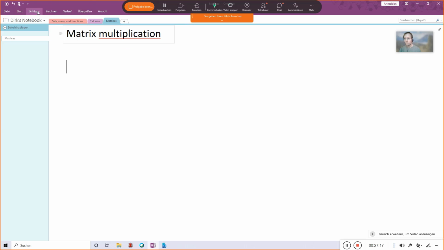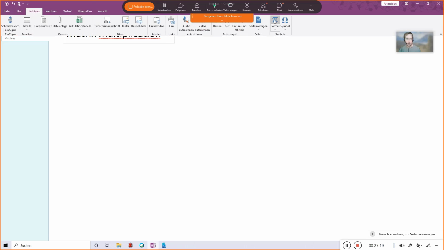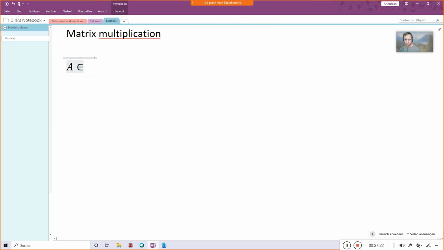So if we have two matrices, A in n times m and B in m times p, the important thing here is that the first matrix has as many columns as the second matrix has rows.